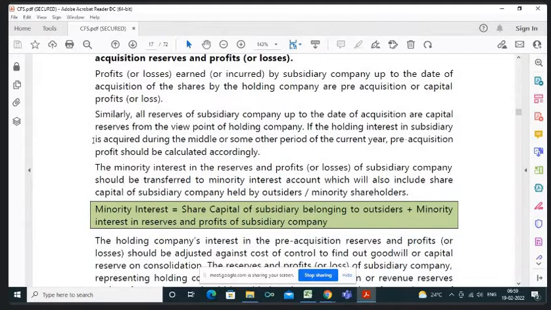After capital and reserves and surplus, we have an item called minority interest, which should be on the liability side of the balance sheet. How to calculate this number? Minority interest is a formula where we add share capital of the subsidiary belonging to outsiders plus minority interest in the reserves and profits of the subsidiary company.